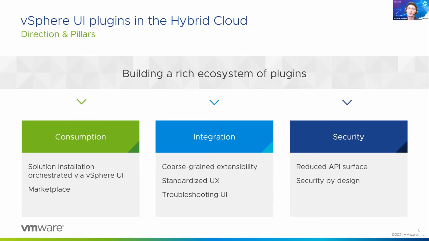You will see a demo of the integrated installation shortly. When it comes to integration, it's about consistent UX, loading times, SLA, performance, and so on. And with regards to security, it's about plugins integrated exactly where needed with the vSphere UI.